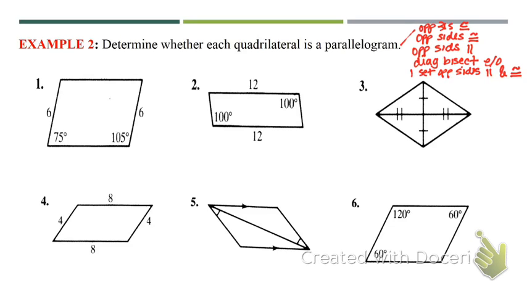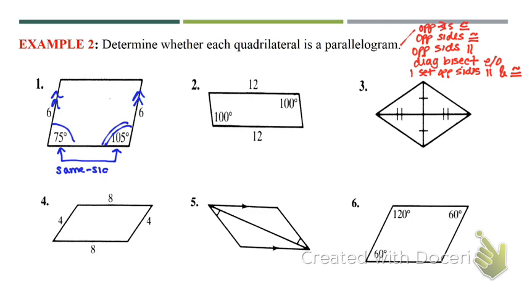Okay. Well, let's take a look at this one. You've got 75 degrees and 105 degrees. So what I see is that these two angles are supplements, and that means that these two lines are parallel, right? These are same side supplementary angles.